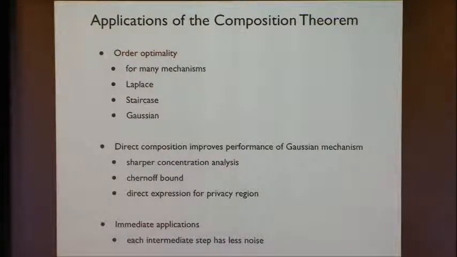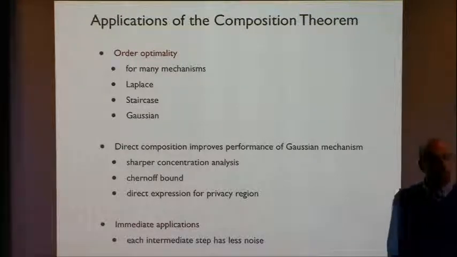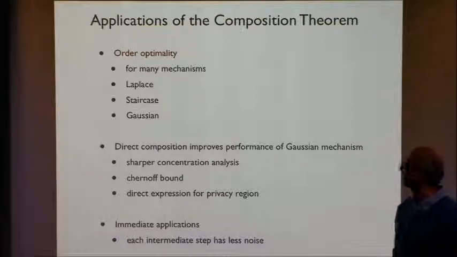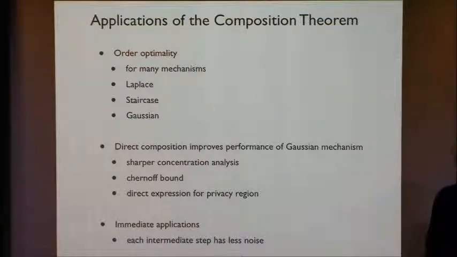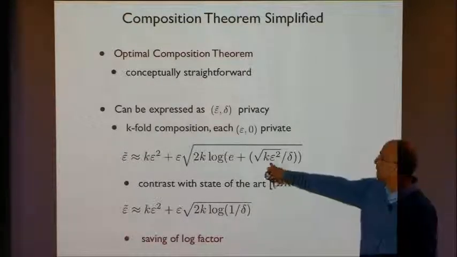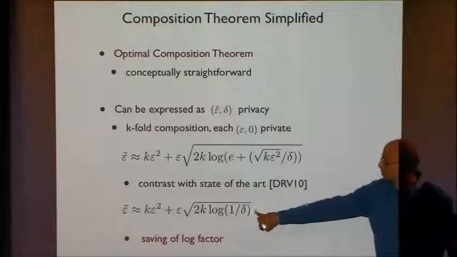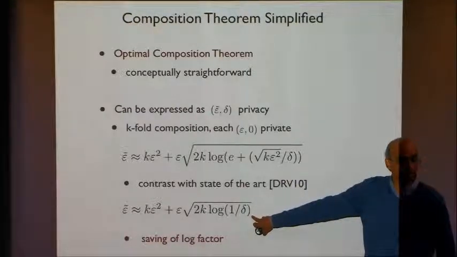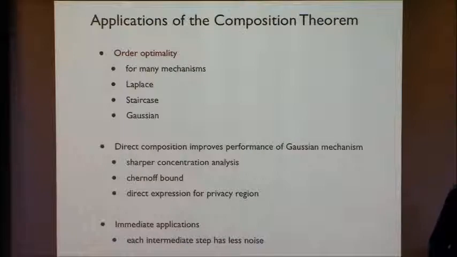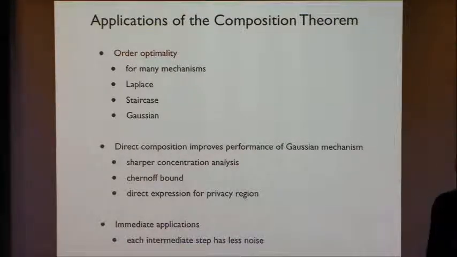Another application of the composition theorem is that, for many mechanisms, I can hand compose the mechanisms and see what I get. I can do this for Laplace, for staircase, for Gaussian. All these three mechanisms and many more yield the same value. It's true that the Gaussian ones are typically convolved like this, but that was because it was not as sharp a concentration analysis.